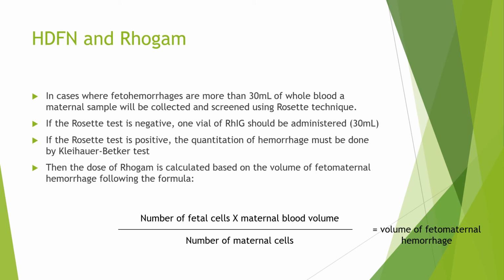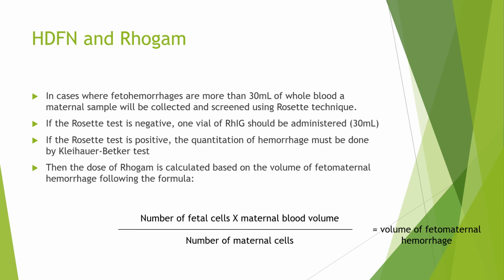So in the cases of fetal-maternal hemorrhages, when the volume exceeds the 15 and 30 mL, a screening rosette technique test must be done. If the rosette test comes back negative, just one vial of Rhogam is okay.